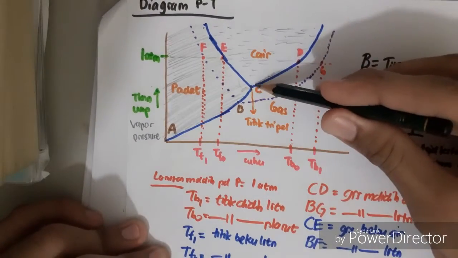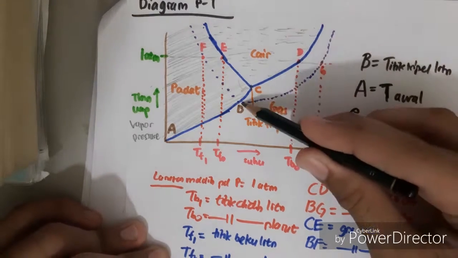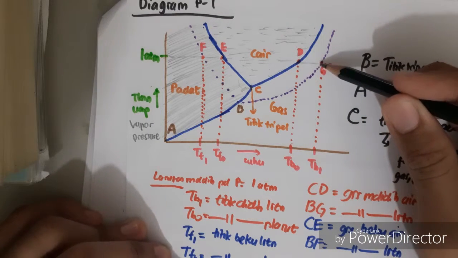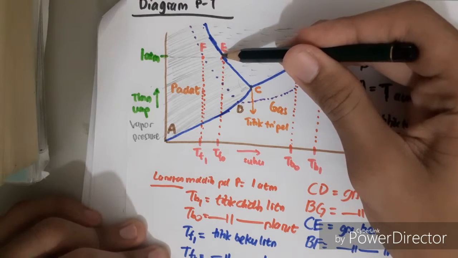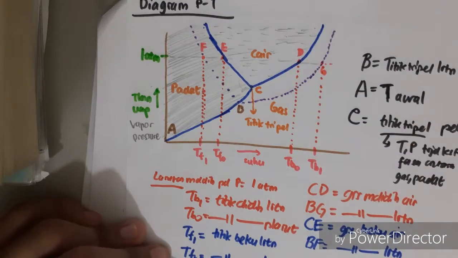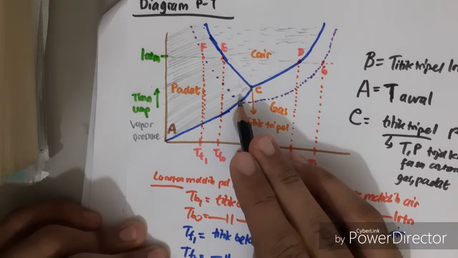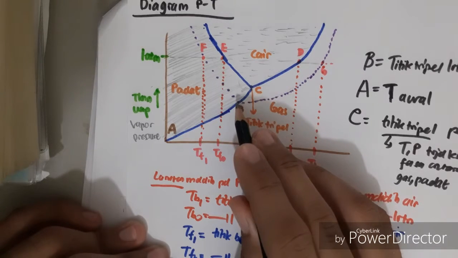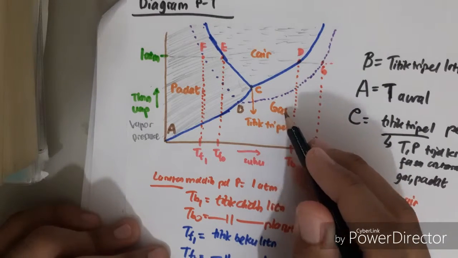This CD is the line of water boiling point. BG is the boiling point line for the solution. CE is the freezing point of water. BF is the freezing point of solution. B is the triple point. Triple point means the point where water coexists in 3 states.